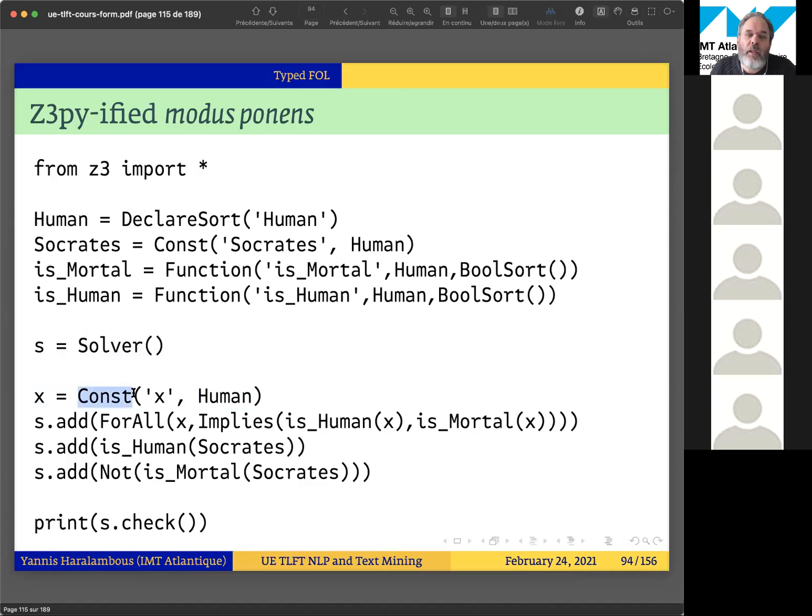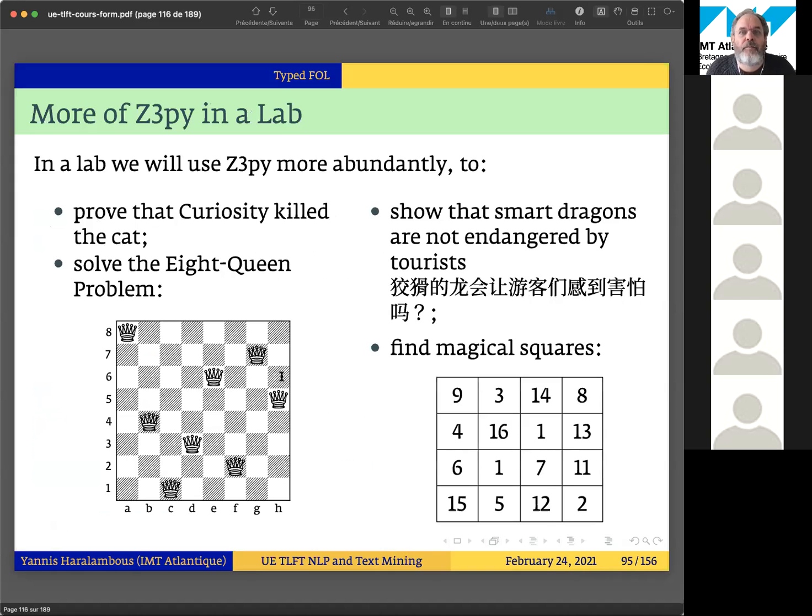So don't be confused by this. I don't know why they've chosen this name constant; in fact, it means that x is a variable. And I'm adding 3 formulas to my knowledge base, and I'm asking for a check whether it's satisfiable or not. And I'm getting the answer, it's unsatisfiable.